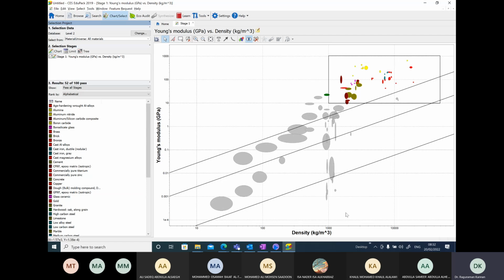Therefore, E over rho is very, very small in this corner. And if I go up here in this corner, perpendicular to this line, I can clearly see my E values are higher and my rho is decreasing. So I clearly know my E over rho ratio should increase in this direction.